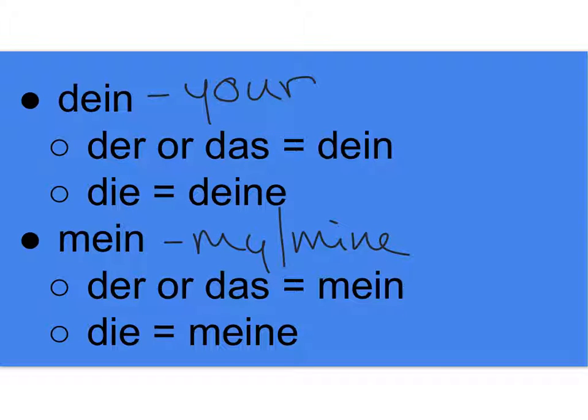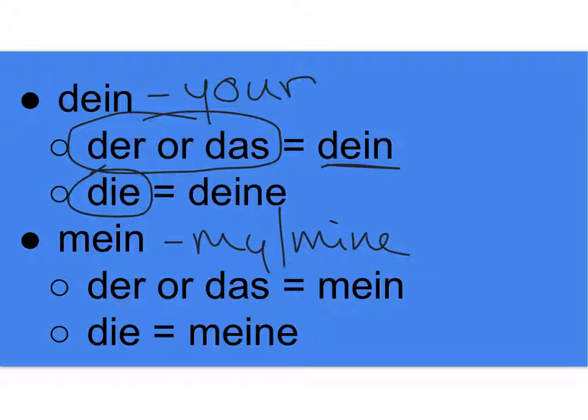Now, you've seen this a couple times now, but they've had different endings on them. If the word that comes after it is a das or a der word, you're just going to use dein. So there's no ending after it. If the word that came after it was a die word, feminine or plural, doesn't matter, then you're going to use deine.